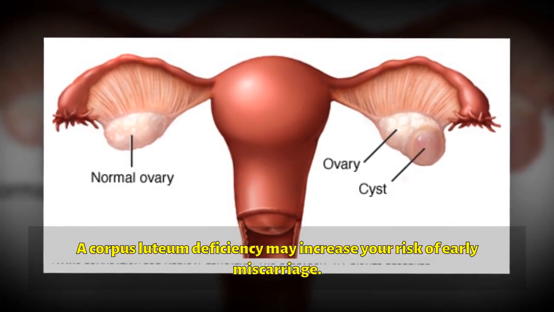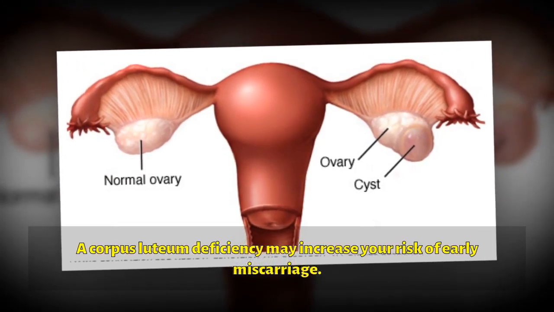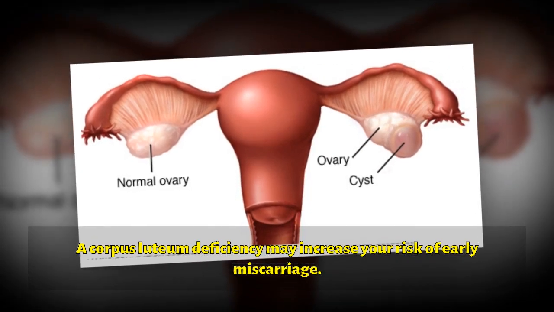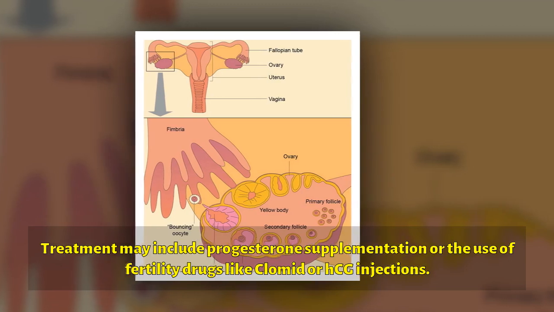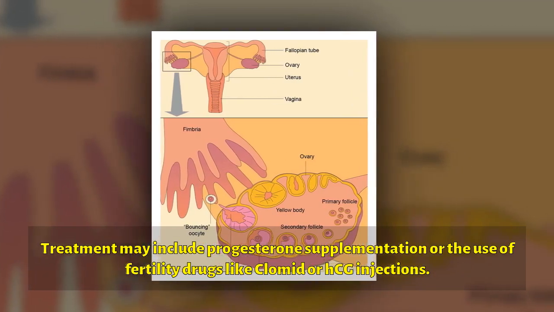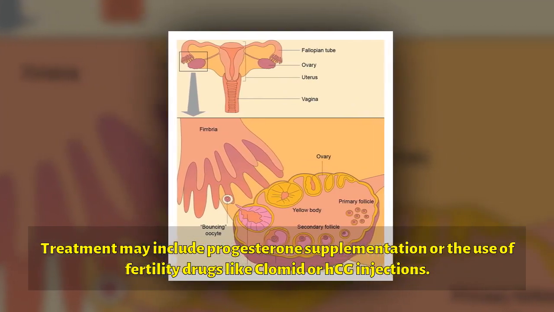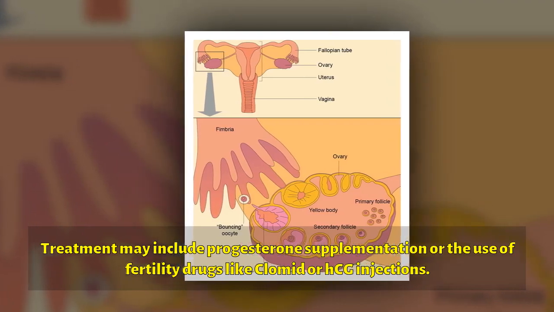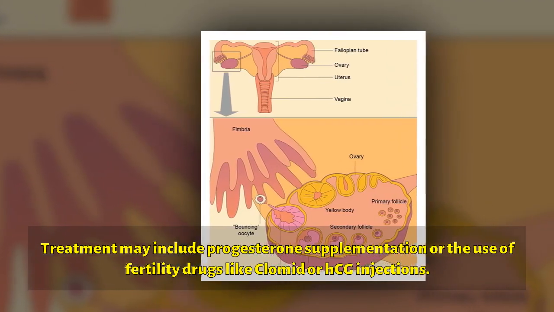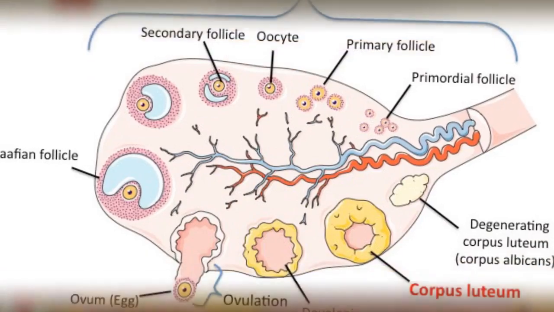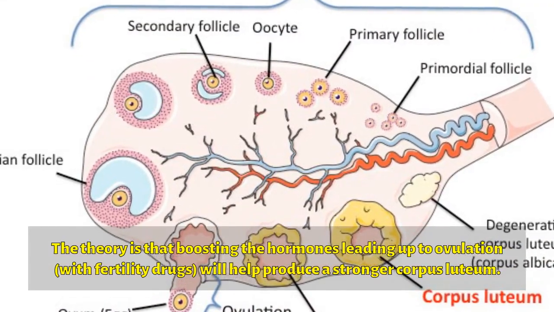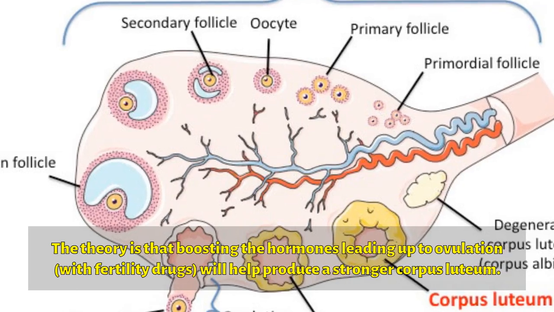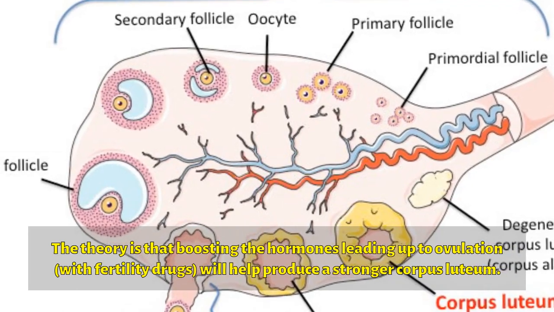A corpus luteum deficiency may increase your risk of early miscarriage. Treatment may include progesterone supplementation or the use of fertility drugs like Clomid or HCG injections. The theory is that boosting the hormones leading up to ovulation, with fertility drugs, will help produce a stronger corpus luteum.